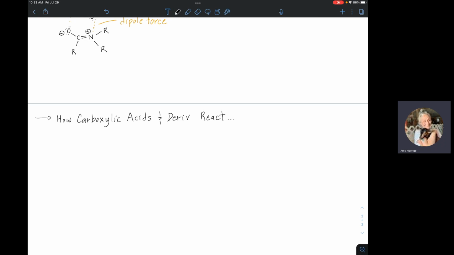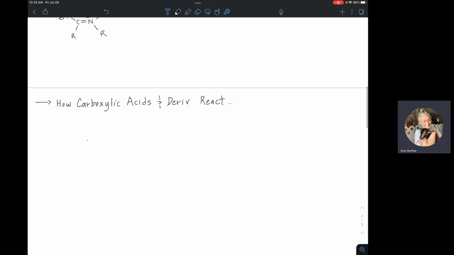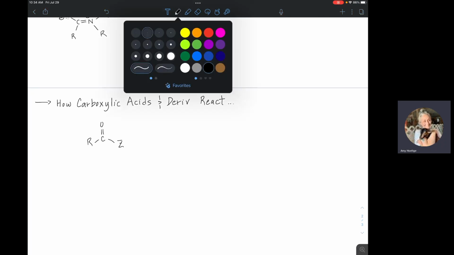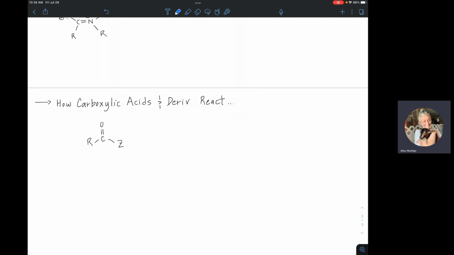So how do these things react? Again, we have our carbonyl. We can draw in our partial charge. I'm going to put a little Z here because this could be a lot of things, right? With carboxylic acids and their derivatives, Z is going to be a leaving group or a potential leaving group. Again, the oxygen being more electronegative, there'll be a partial negative charge as it's yanking on the electron density in the double bond.